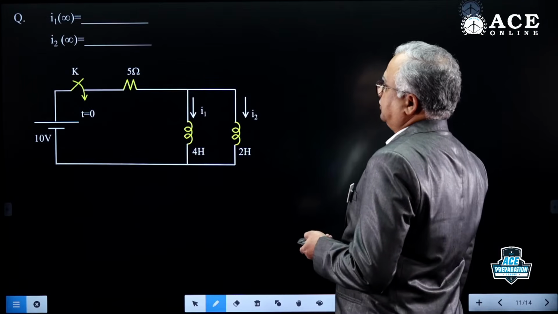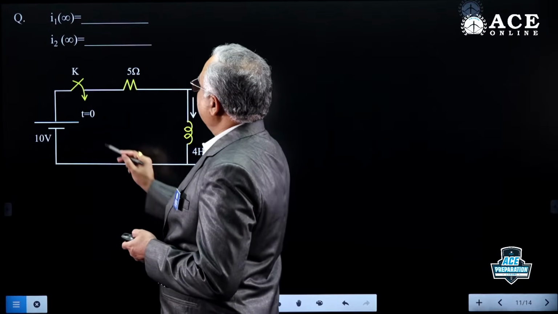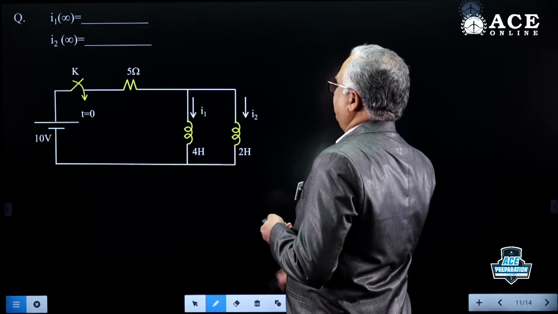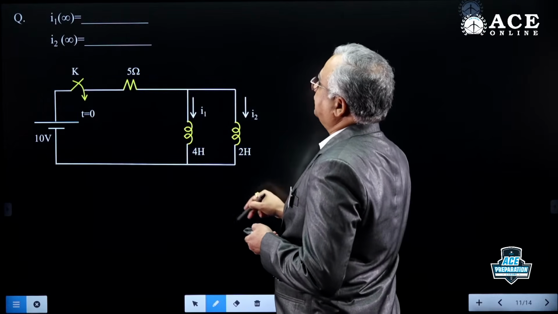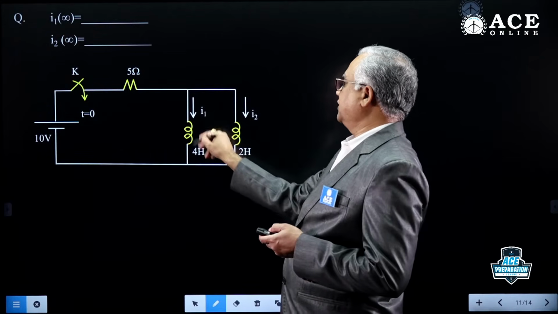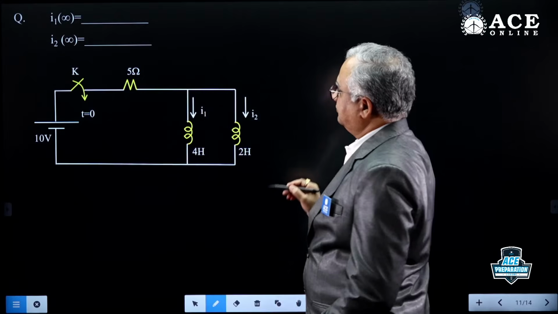This is another interesting question in transient. Switch K is closed at t equal to 0. Find I1(infinity), I2(infinity). Infinity means steady state. In steady state, this inductor is short, this inductor is short.